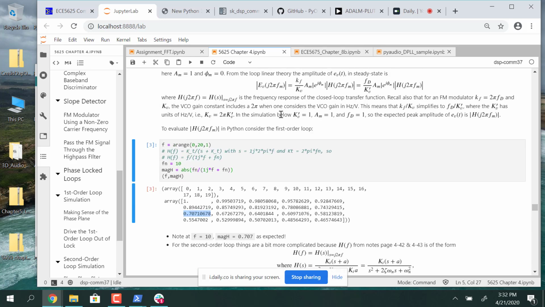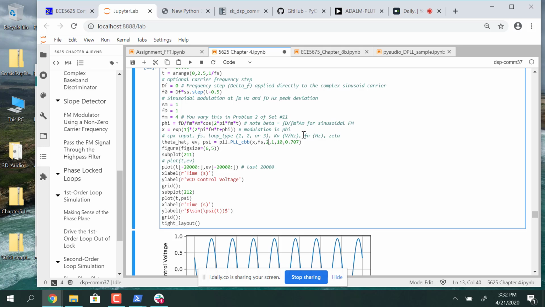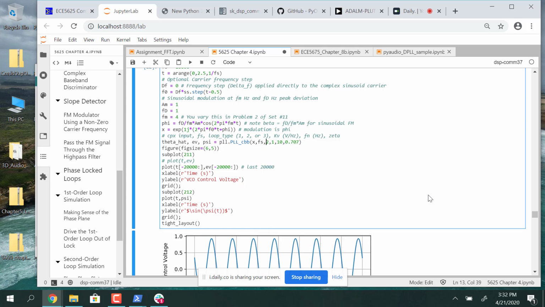You just flip the switch in the software, and all you're going to do is let this be a 2. And just to check again, the third argument is the loop type, and 2 is going to make the loop filter look like this, 1 plus S tau 2 over S tau 1. That's just another notation.